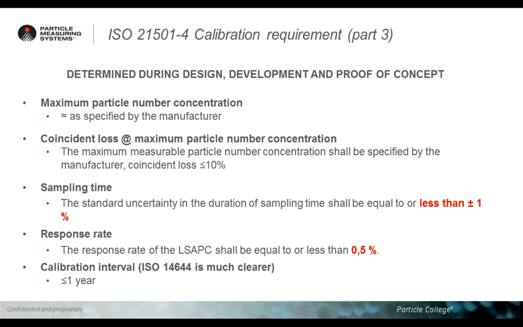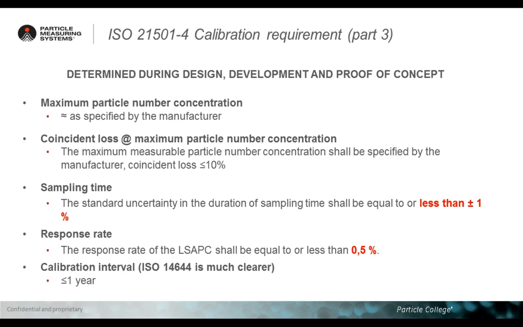Next is the sampling time. So very simple, the accuracy of the instrument to control the sampling time. And this is extremely important because you know that we need to control the particles in a specific period of time or for a specific volume. And of course, the volume is calculated as well, considering the flow rate and the time.